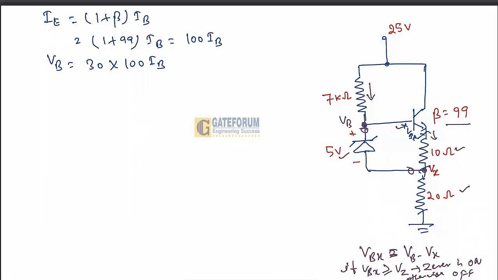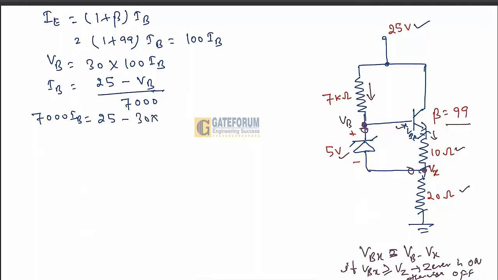Now we can calculate the base current IB. The base current IB is 25 volt, which is VCC, minus VB, divided by 7000 ohm. So if we substitute this here, 7000 IB is equal to 25 minus VB, where VB is 30 into 100 IB.